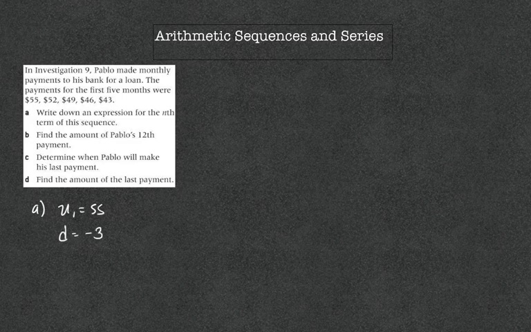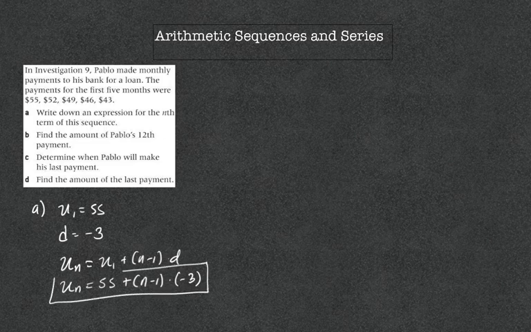If we want an expression for the nth term of the sequence, we need to go to the recursive definition. Un equals U1 plus n minus 1 times D. And we substitute the values of U1 and D, and that would be 55 plus n minus 1 times minus 3.